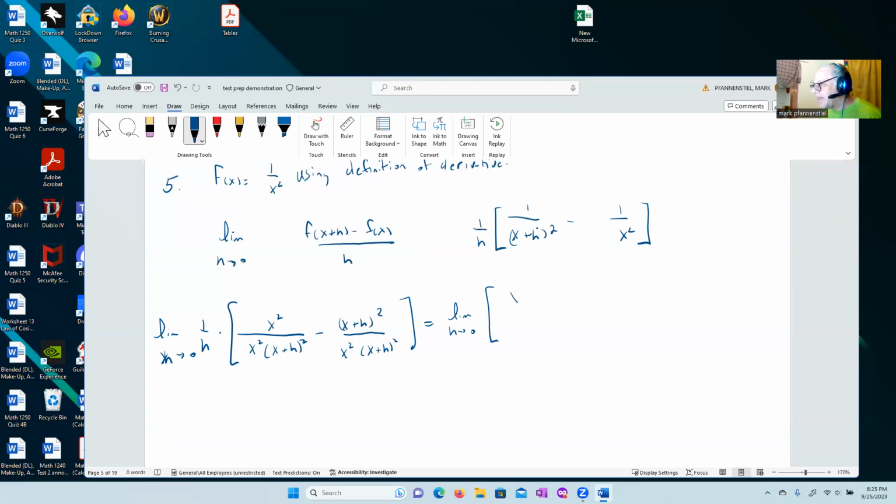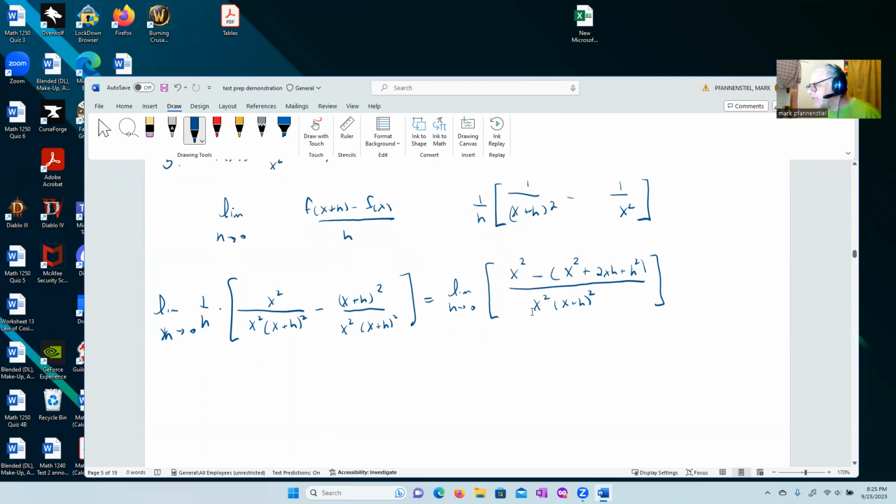We got common denominators. Let's go ahead and add. We have x squared minus, well, I have to FOIL this out. Can I just say this is x squared plus 2xh plus h squared? Yep. All divided by x squared times (x plus h) squared. Okay, distribute the negative sign, that's important.